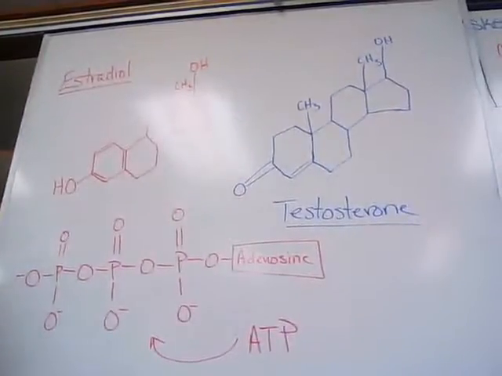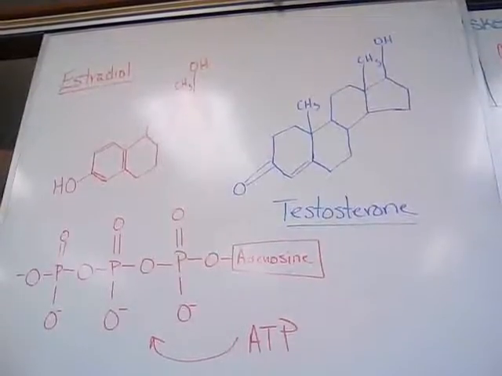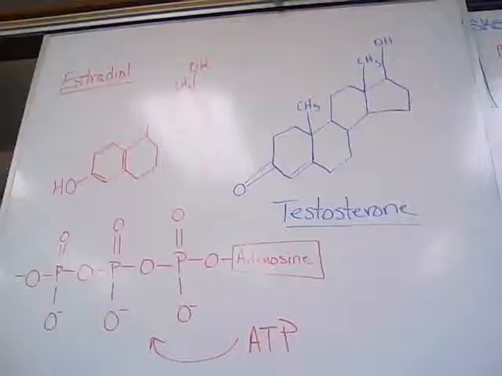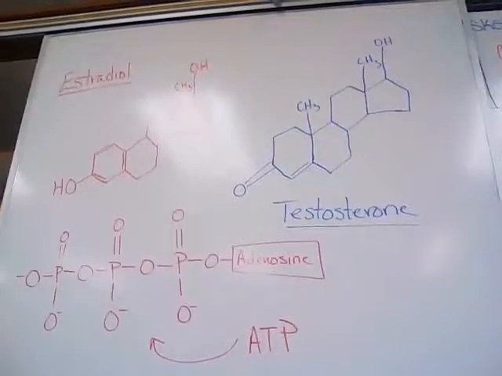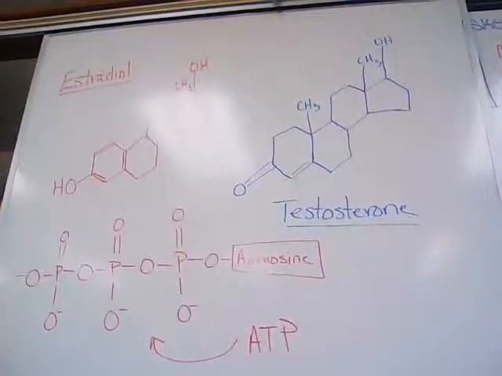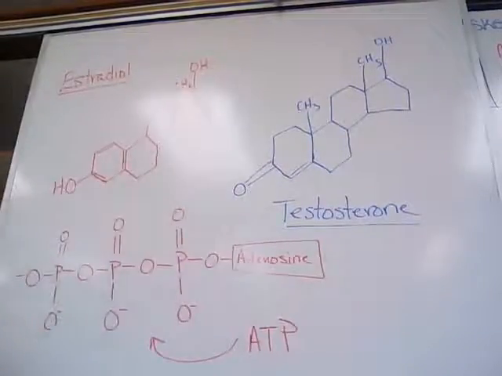A more complicated organic phosphate, adenosine triphosphate, or ATP, is worth mentioning because its function in the cell is so important. ATP consists of an organic molecule called adenosine attached to a string of 3 phosphate groups. 1, 2, 3.